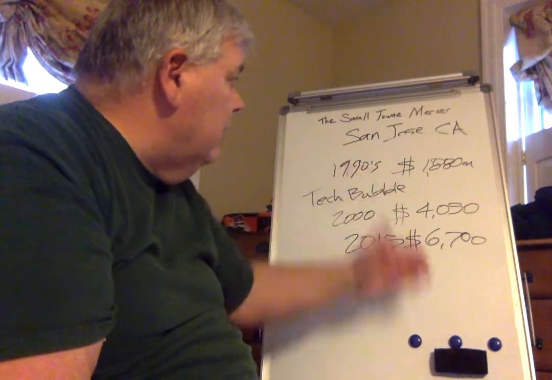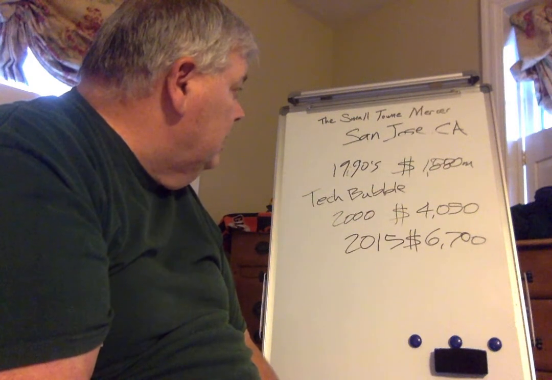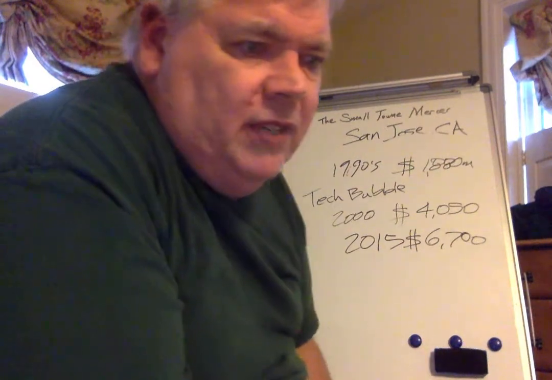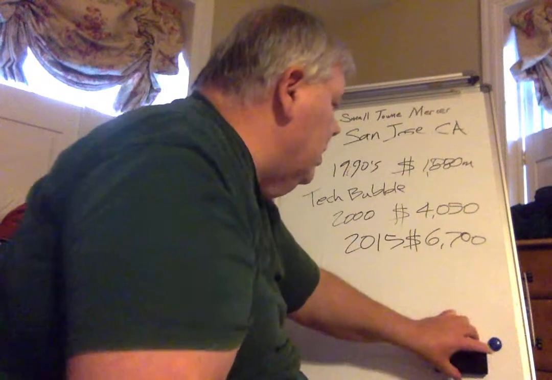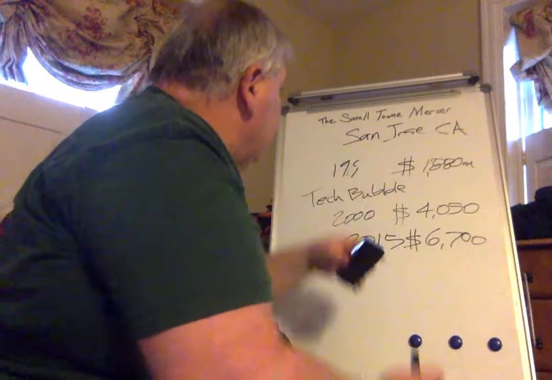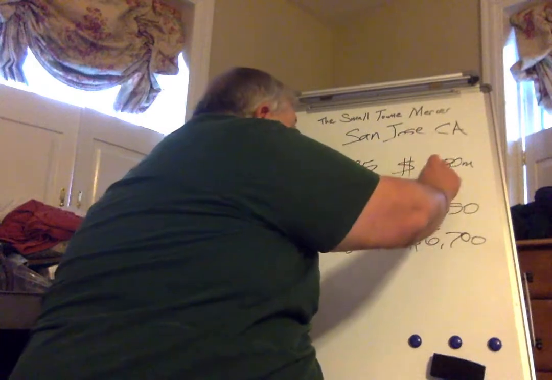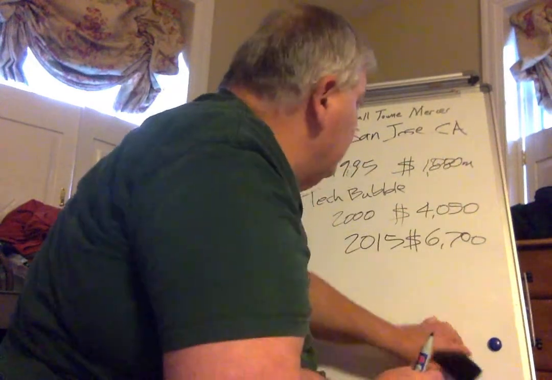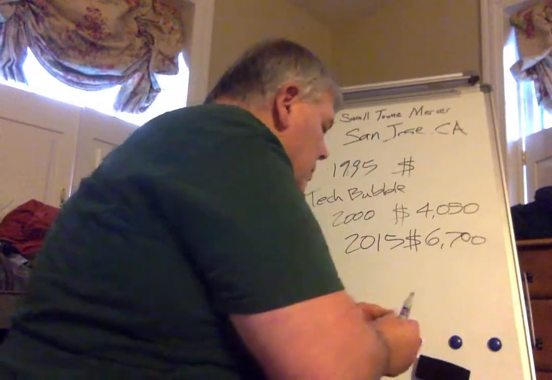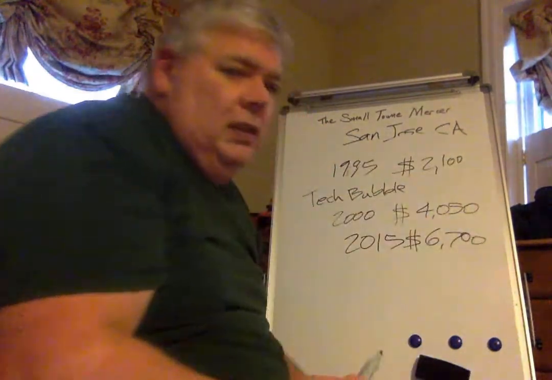So basically you could look at it from 1995 to 2015, right? In 1995 it was 2150. I screwed up, sorry. 1995 to 2015, it was 2100, roughly, a little more than 2100.